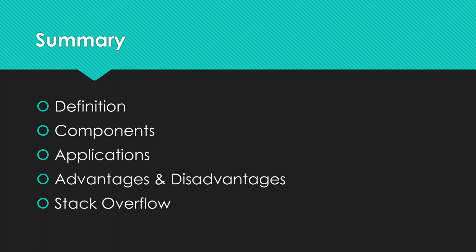We've also seen that the components of a recursive algorithm include a recursive case, a base case, and the unintentional case. You can use recursion to solve problems such as the factorial of a number or the Fibonacci sequence, or to traverse data structures like the tree and the graph data structures.